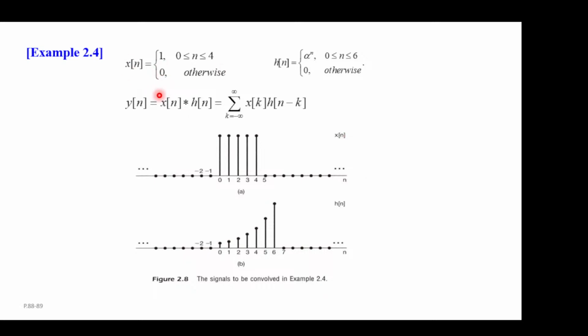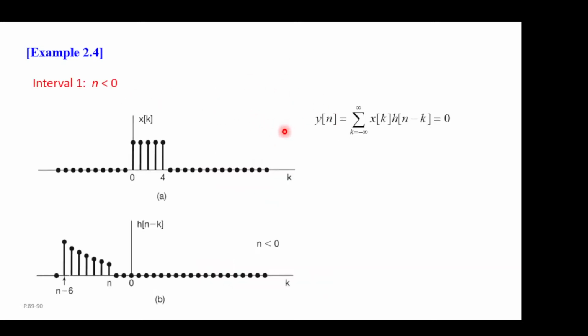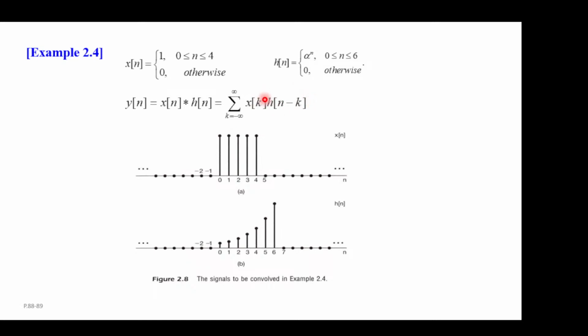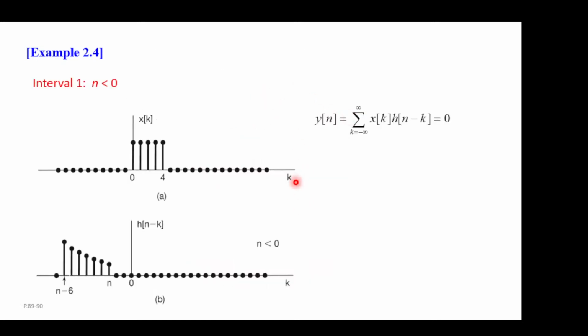So we will have some x in probably a finite range like this, and h in maybe another finite range like this. And we'll think about fixing an n and see how this plays out when we plot x of k and h of n minus k in terms of k here.